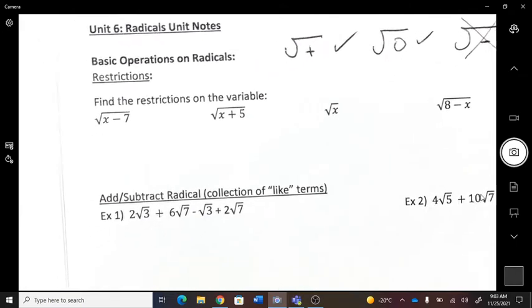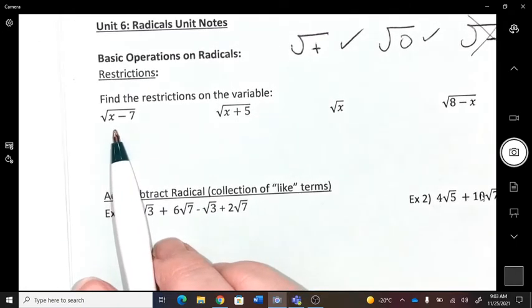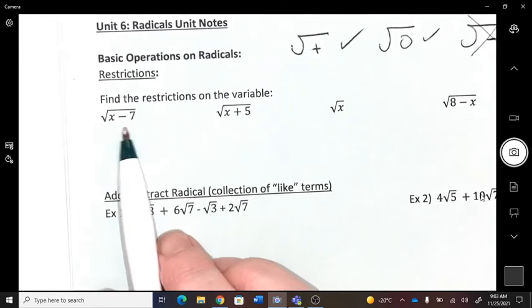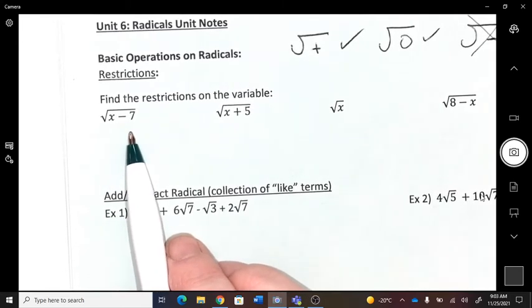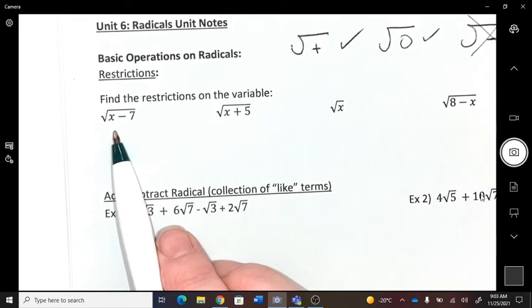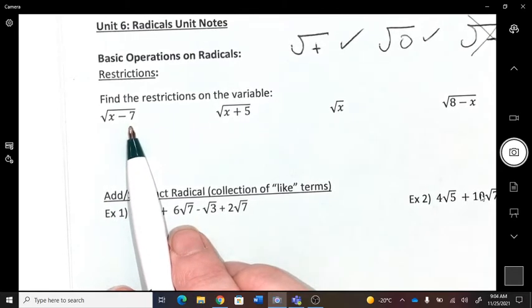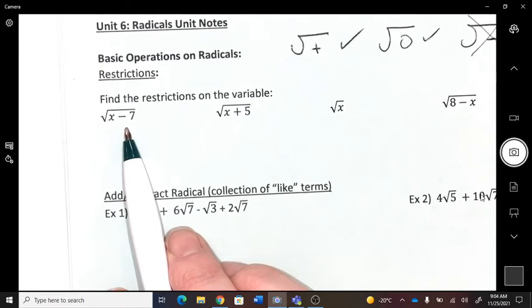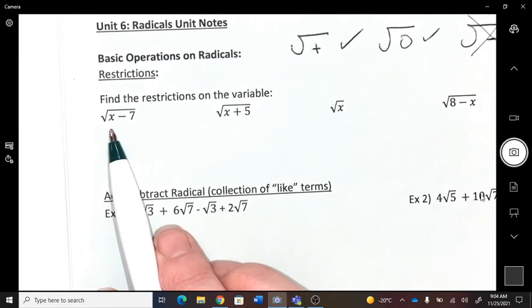Okay, so I have to look at this x, thinking about what I want it to be, what I don't want it to be. So something like 10. Would 10 work for x? 10 subtract 7 is root 3. Is that possible? Yeah. Does 7 work? 7 subtract 7 is 0.